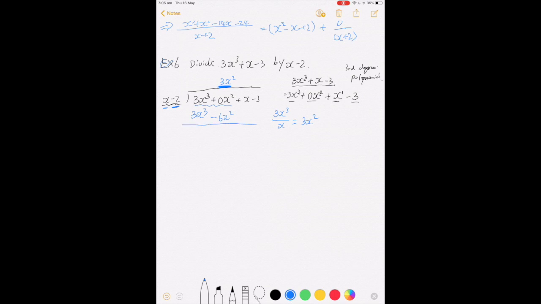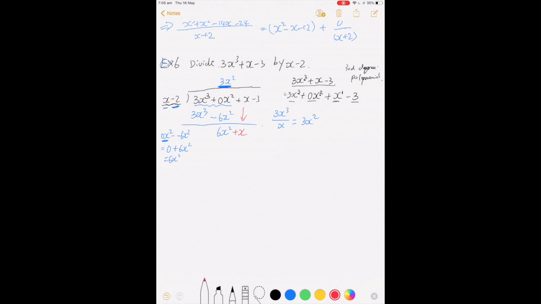Then do the subtraction. 3x cubed minus 3x cubed cancels out, and 0x squared minus negative 6x squared gives positive 6x squared. I bring one more term down, plus x.